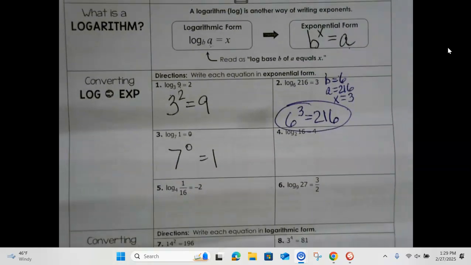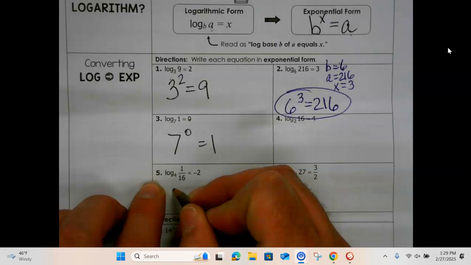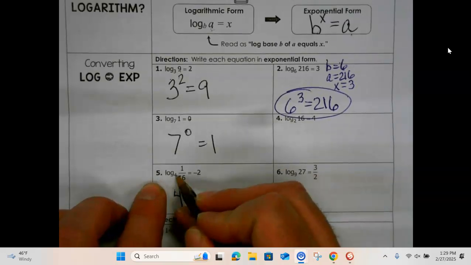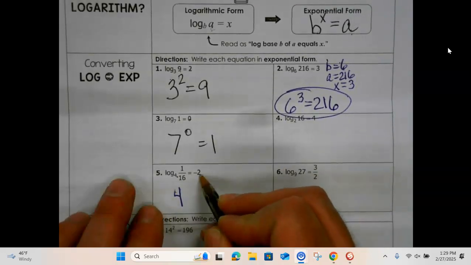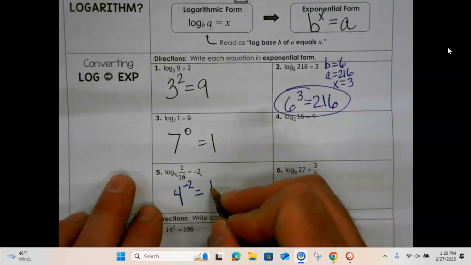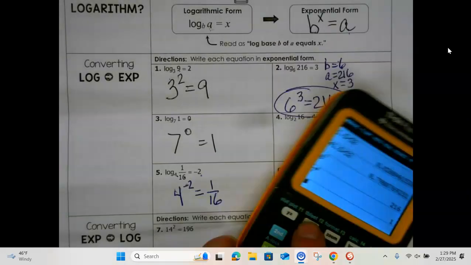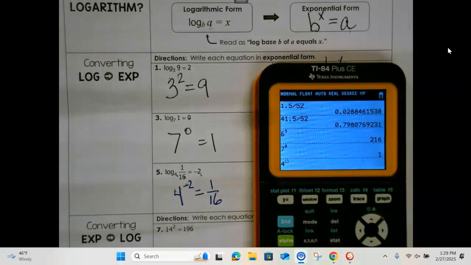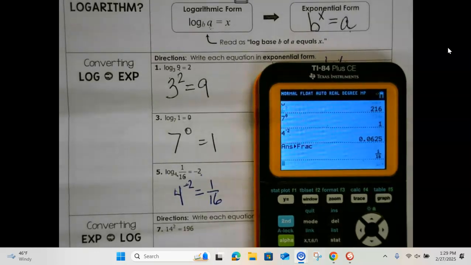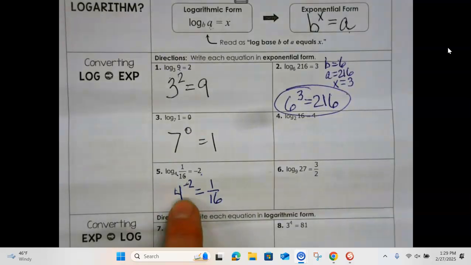This works not only for whole numbers like that, it works for fractions too. So now this is where it gets a little more interesting. There's my base. This is always going to be my exponent. This is my answer. Now that one may not seem quite as obvious. But here's the real reasoning behind this one.